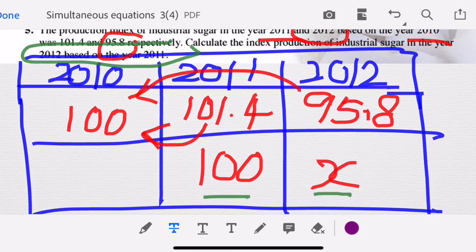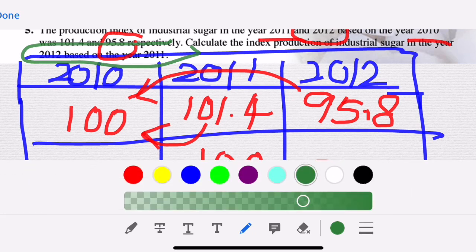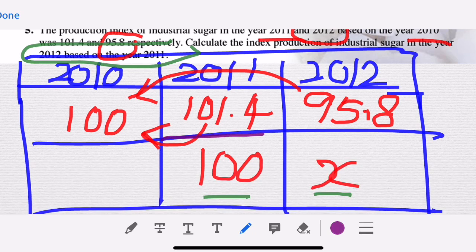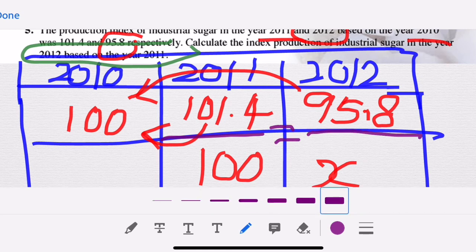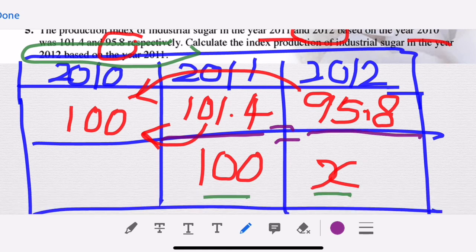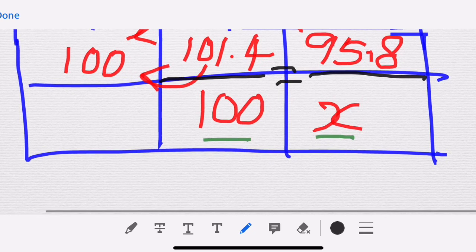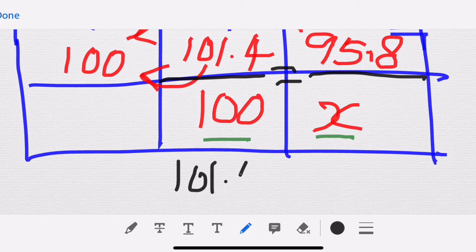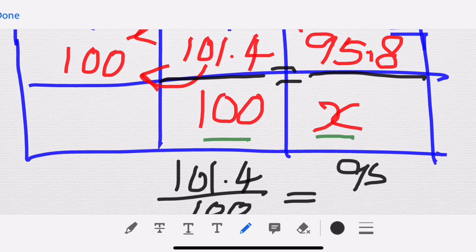You just go to the table you just drew, and make it into a fraction like this. Can you see that? I use green, I use the other color. Can see or not? Cannot? Okay, I actually convert to fraction. Now I can solve. It's 101.4 divided by 100 is equal to 95.8 over x, right?